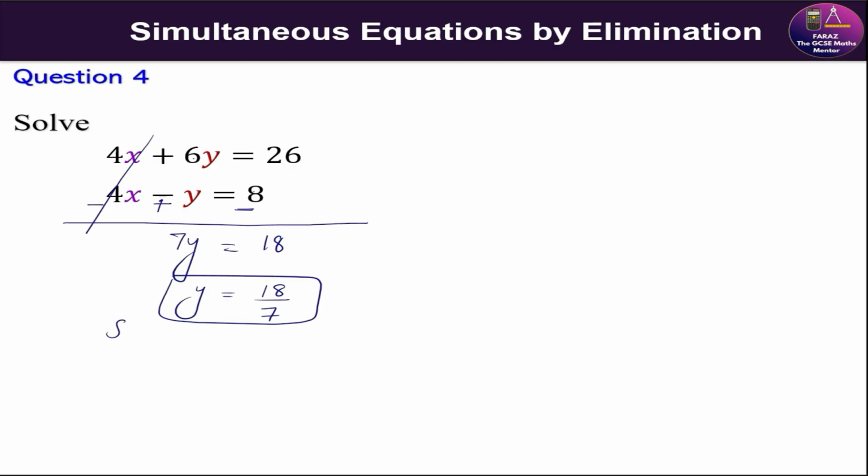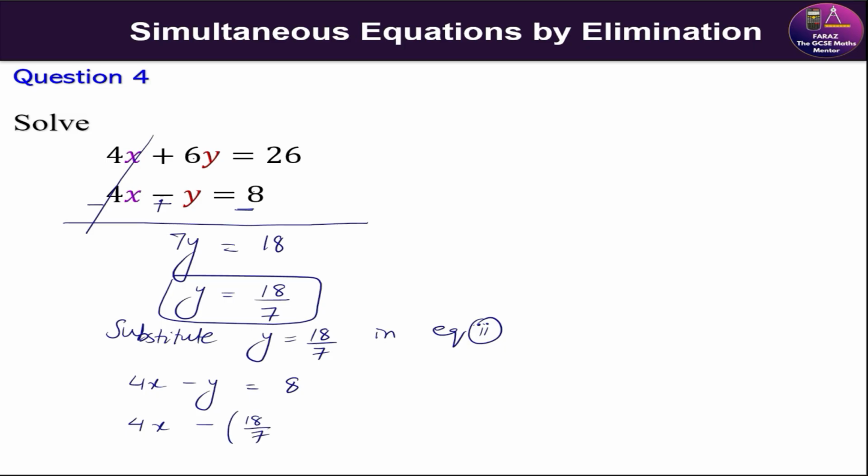Now you have to substitute y equals 18 over 7 in any of the above equations. Let's say we do equation number 2, that is 4x minus y equals 8. So if you substitute the y value there, 4x minus, you have to keep the negative sign, 18 over 7 equals 8.